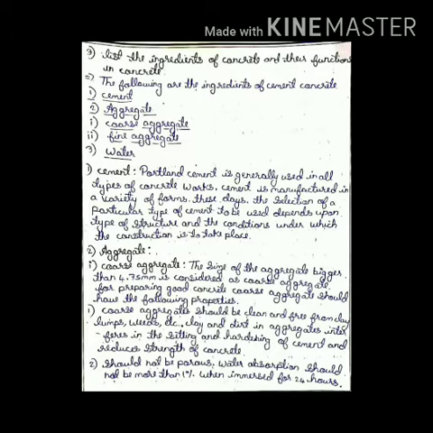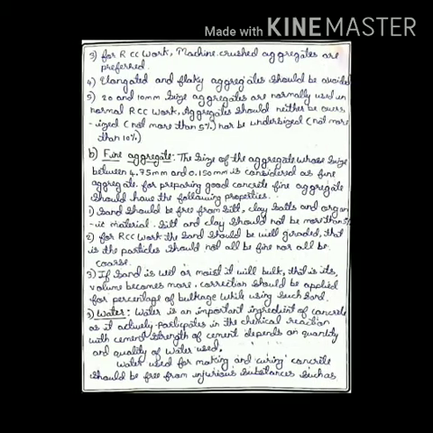Second property, the coarse aggregate should not be porous and the water absorption should not be more than 1% when it is kept in water for 1 day. For RCC work, usually machine crushed aggregates are preferred.